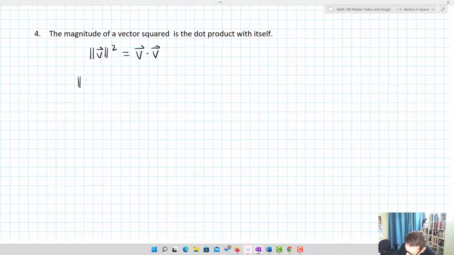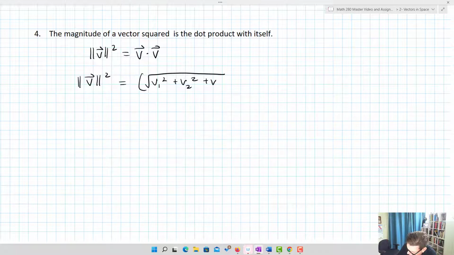So if I take the magnitude of v and I square it, what I end up with is the square root of v1 squared plus v2 squared plus v3 squared. That's the magnitude of any vector. You just go through in component form, take the first component squared plus the second component squared plus the third component squared, then take its square root. Then we square that. So what do we end up with?